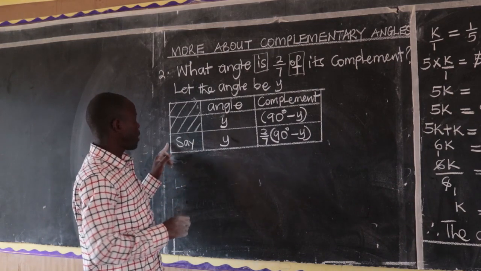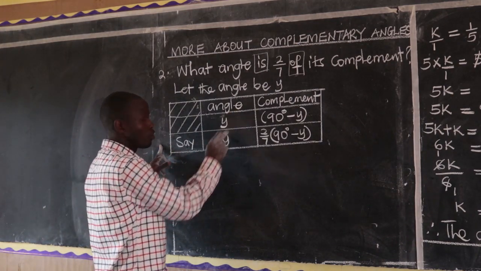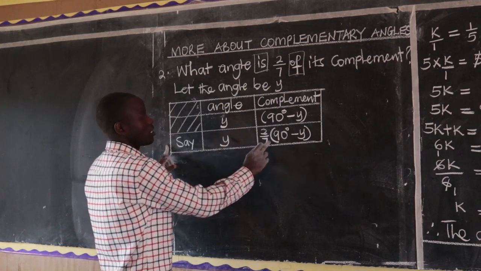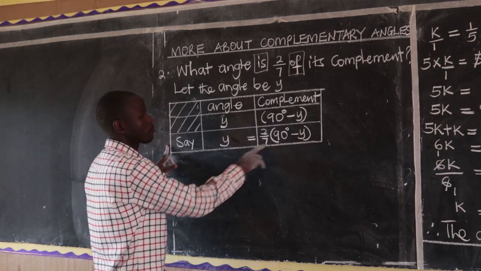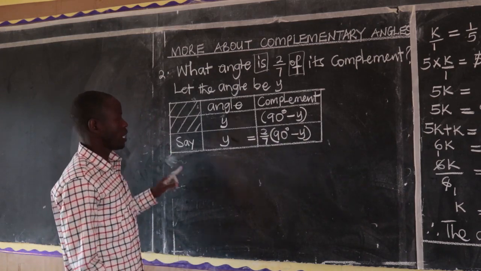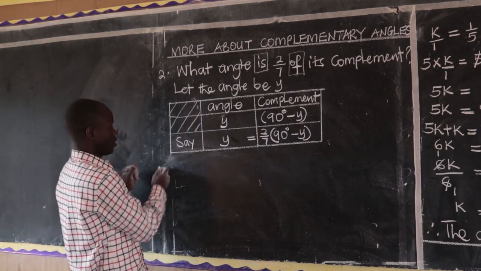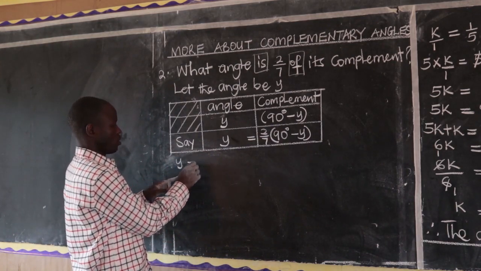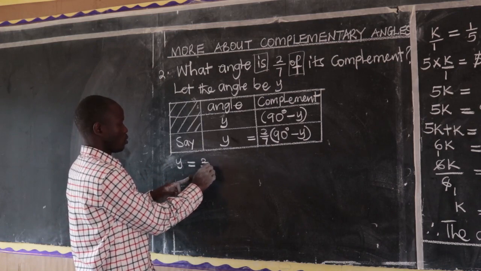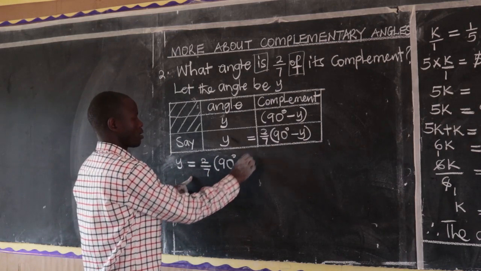Now at this step of say, it now means this angle, which is y, is equal to the complement. And that is where we have the basis of formulating our equation as y is equal to 2 out of 7 into 90 degrees minus y.